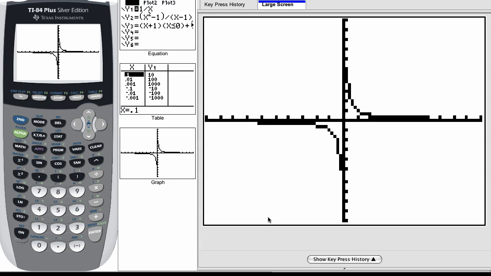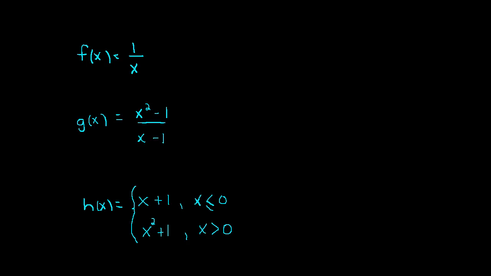So this would be an example of a non-removable discontinuity. So we could write non-removable at x equals 0. That's where we had our vertical asymptote.